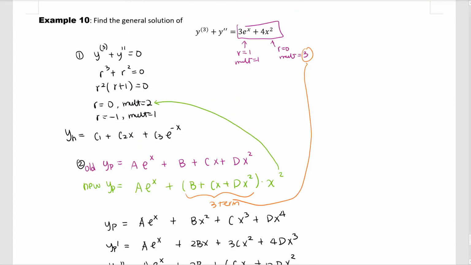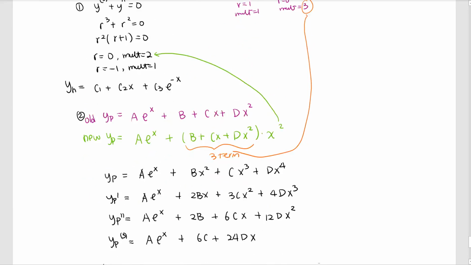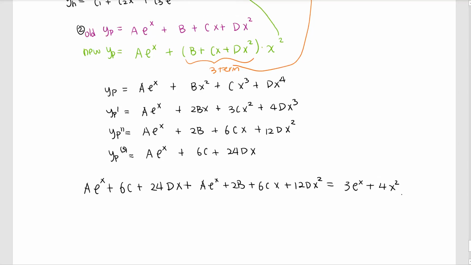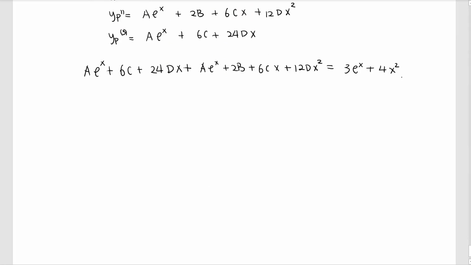So what is the right hand side? 3e to the x and 4x squared. So far so good, everybody? You notice that here we only have 2 terms, but actually we have 4 unknown constants: A, B, C, D. Okay, let's continue. So let's compare the like terms.